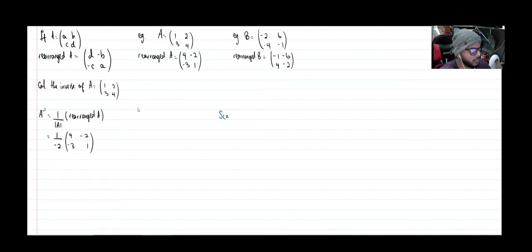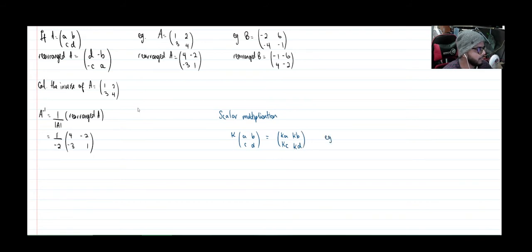Scalar multiplication is very easy. If I have a scalar, some number k, multiplied by a matrix A, B, C, D, it doesn't matter the size of the matrix, I must multiply that number by each of the entries inside. So this becomes Ka, Kb, Kc, and Kd.